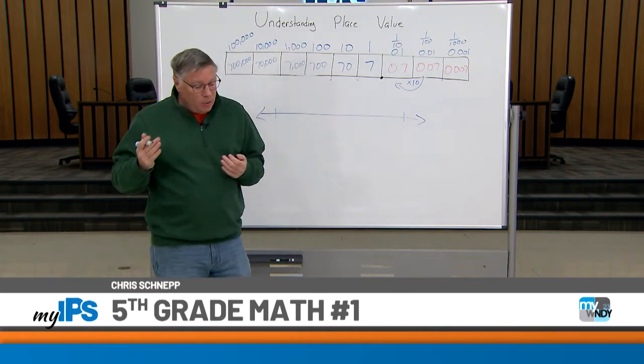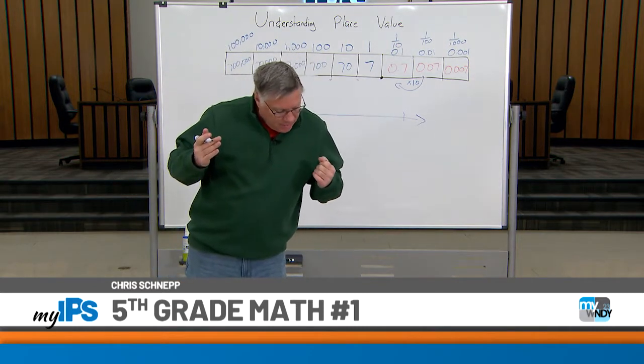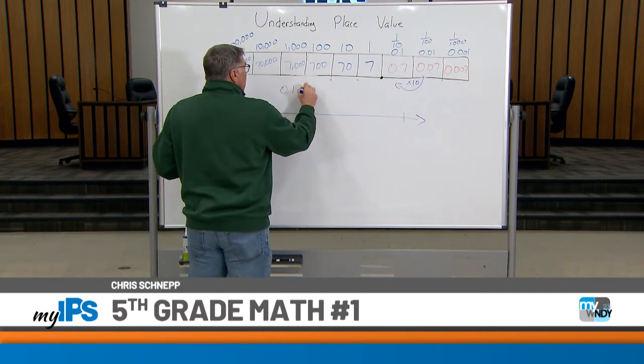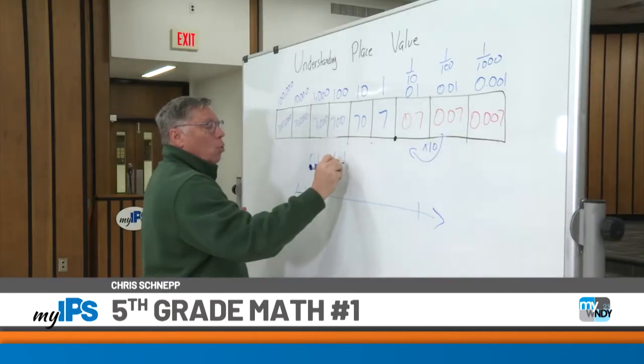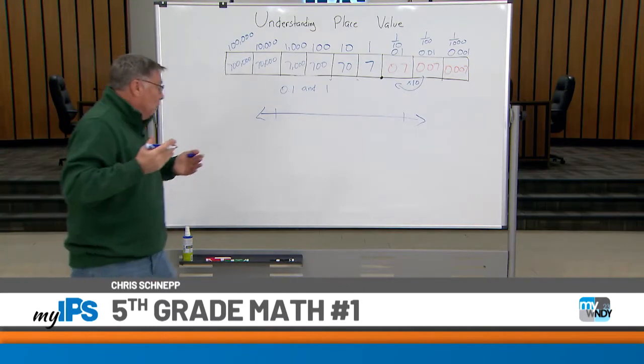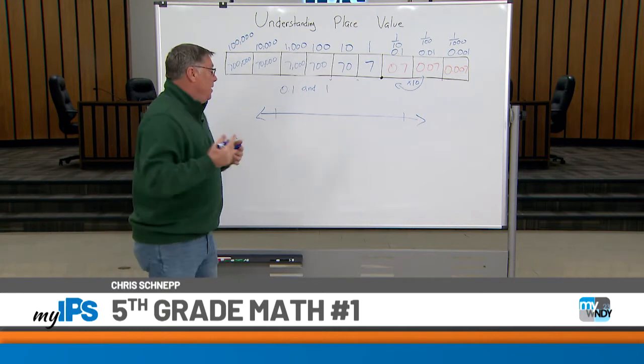Okay, so on the number line, we're going to represent the numbers. We're going to draw 0.1 and 1 on the number line, which means we have to divide the number line into how many sections? We have to divide it into 10 sections, okay?